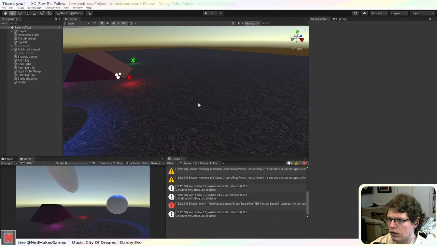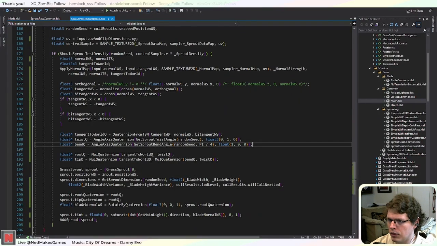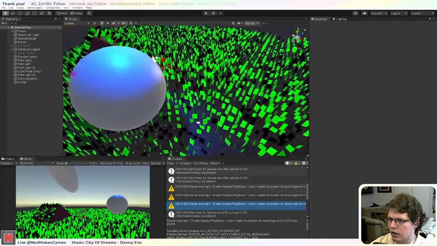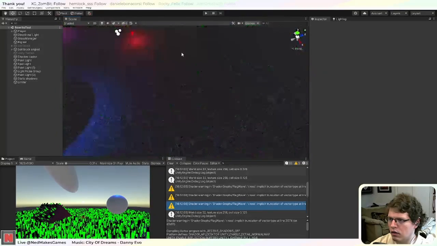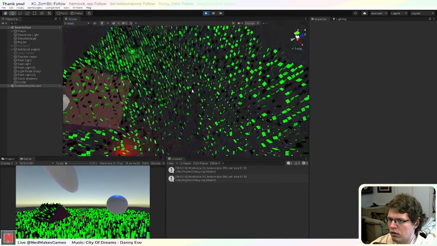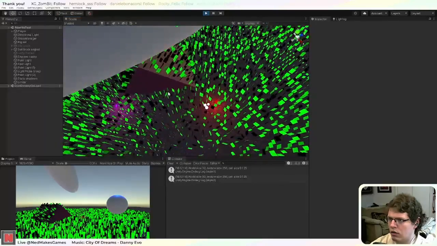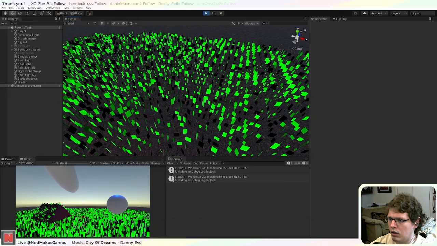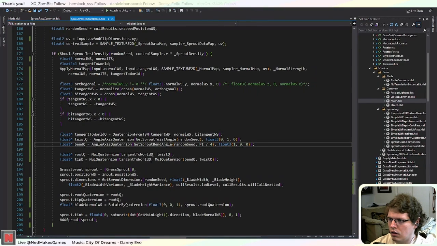Let's see how this looks. Incorrect number of numeric type arguments. Oh, I keep on forgetting the dimensionality. Okay, I don't see any bending at all. Oh, because I don't assign the tip to anything.